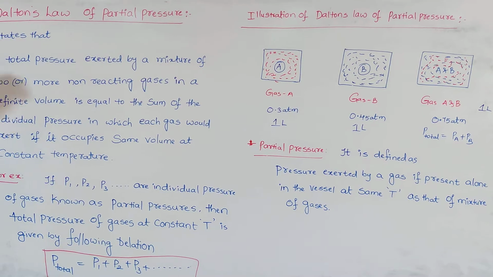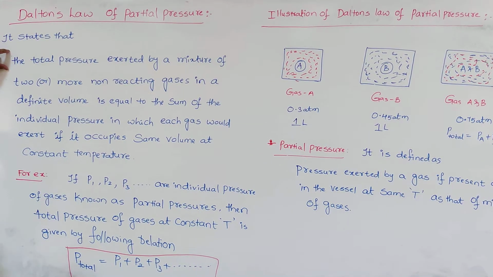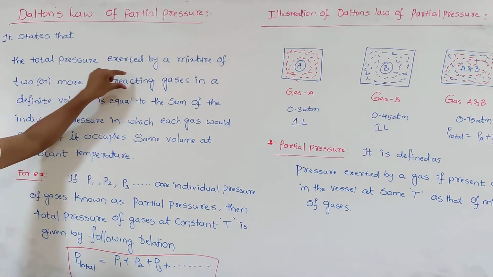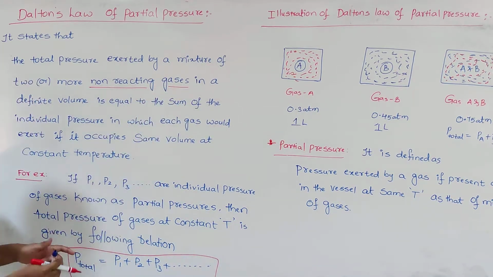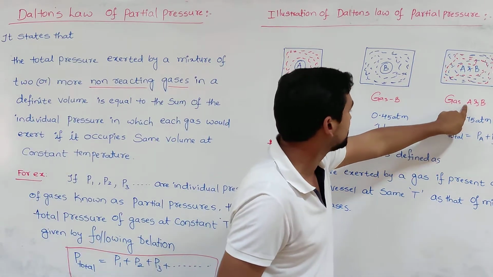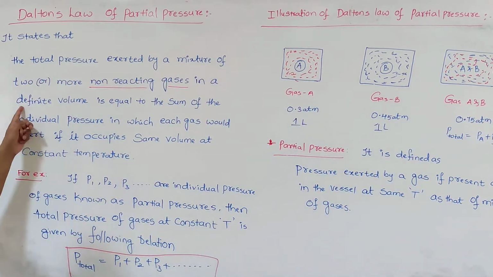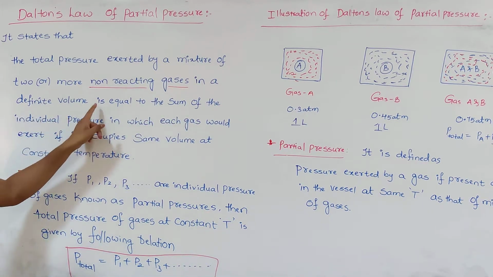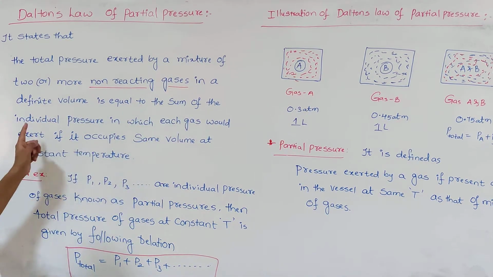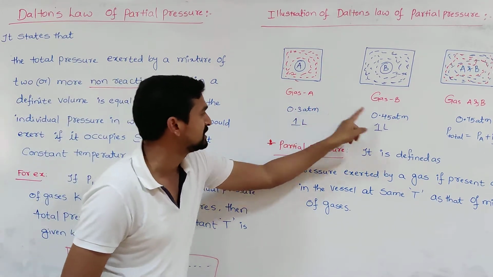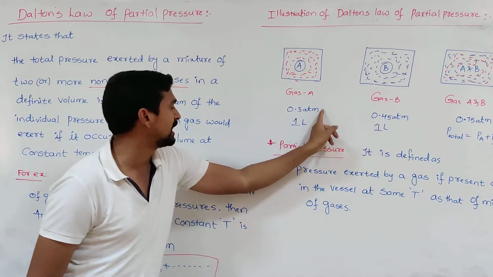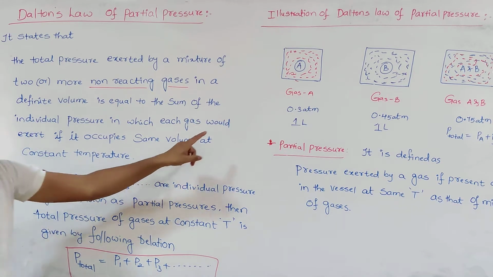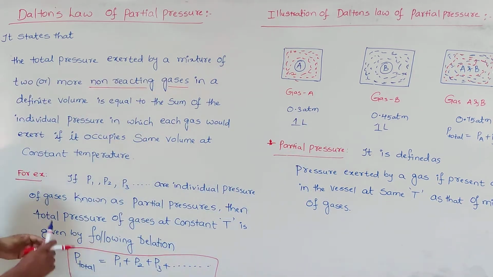Once again, Dalton's law of partial pressure states that the total pressure exerted by a mixture of two or more non-reacting gases, and the condition is that the gases must be non-reacting, that is, the total pressure exerted by gas A and gas B in a definite volume, that is the 1 liter container, is equal to the sum of the individual pressures which each gas would exert if it occupied the same volume, 1 liter, at constant temperature.